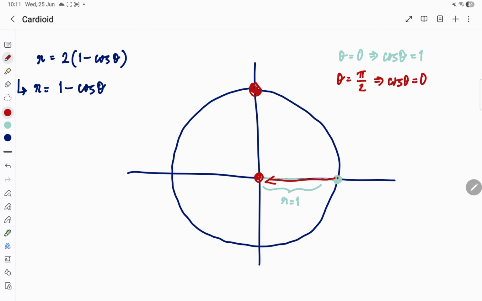Well, here it is remaining intact. Let's see somewhere in between, this point where theta is pi by 4. Cos theta is 1 by root 2. I think that's close to 0.7 something. This might not be the actual rounding off, but it's something close to that.